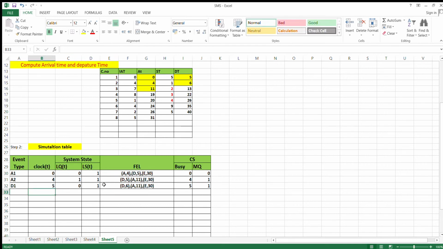So the next minimum is 6. The event type is departure D2. So no customer in the queue, no customer in service. We remove the departure, which means we add the next departure.